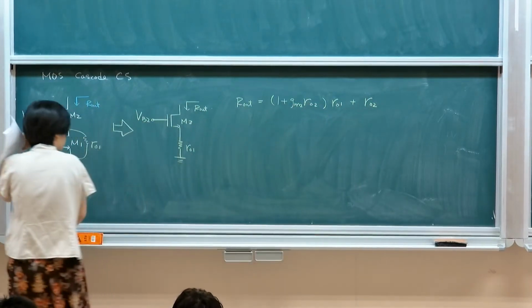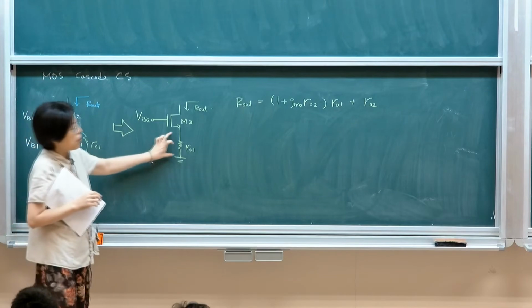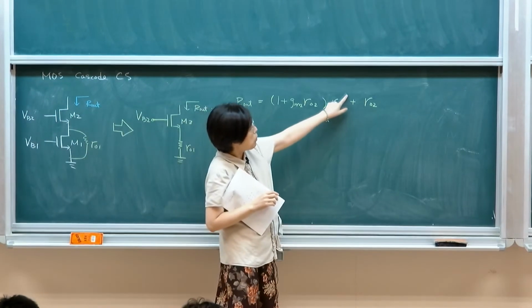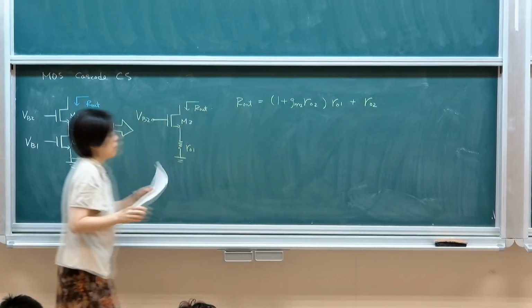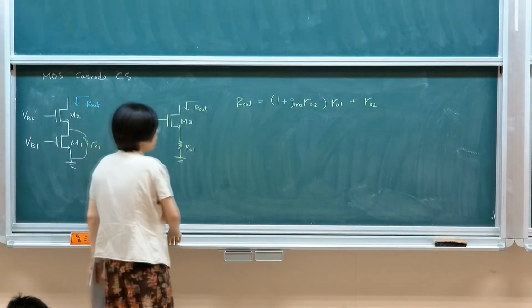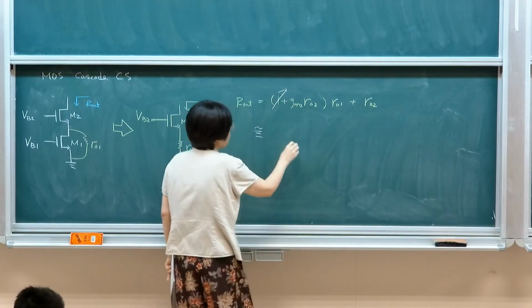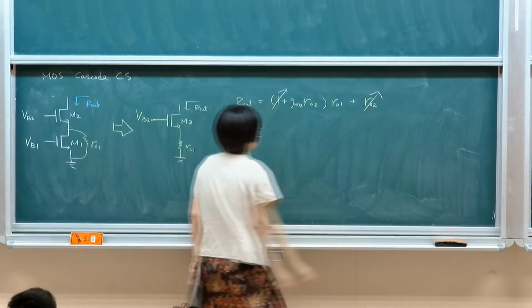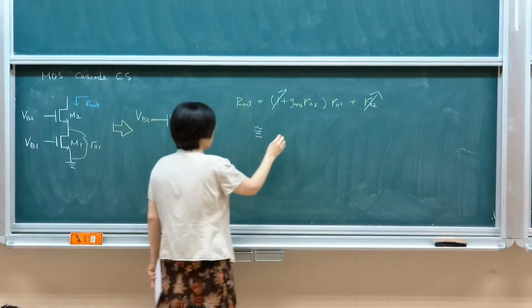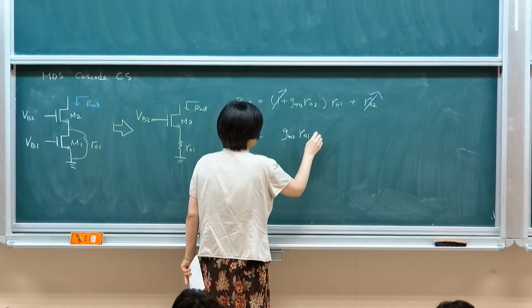Go back to the equation of common gate output resistance when you have source resistance at the bottom. So this is the source resistance. OK? This will be approximated, assuming you ignore the 1, by gm2 RO2 RO1.